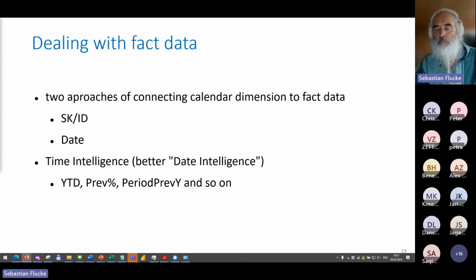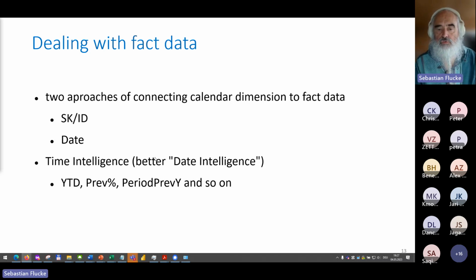That is quite powerful stuff, because if you define that kind of time intelligence in your date dimension, you have to define it only once, and you can use that kind of calculation for all measures, for all KPIs you have in your fact tables.